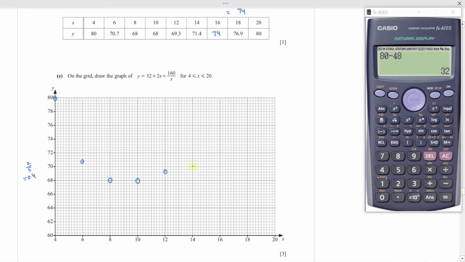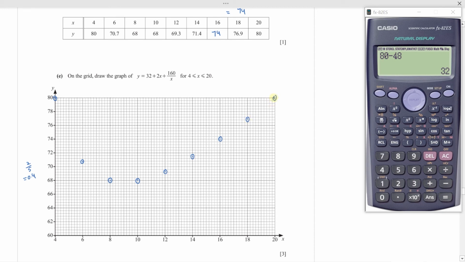So 14, 70, 70.4, 70.8, 71.2, 71.6. So right in the middle will be 71.4. 16 and 74 will be this. 18 and 76.9: 76, 76.4, 76.8. So this will be 76.9. And 20 and 80.